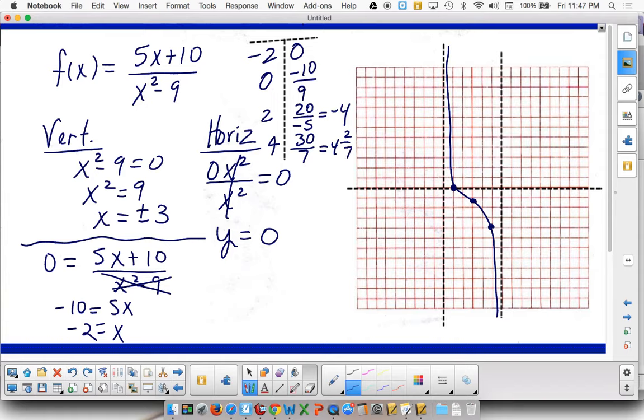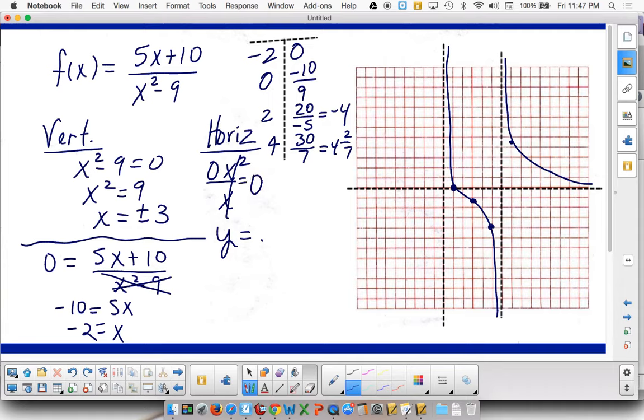So at positive 4, I would be 4 2/7 up. All that tells me then is, hey, I must be up here in this quadrant and following my little corner curve up this way somewhere. I need a negative coordinate, and I just kind of ran myself out of space. Going to make myself a little room here.